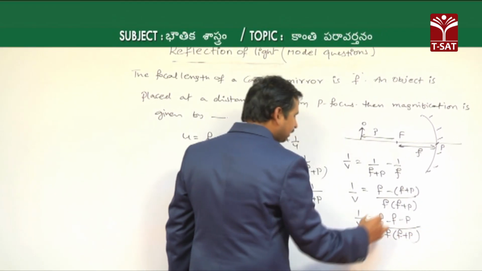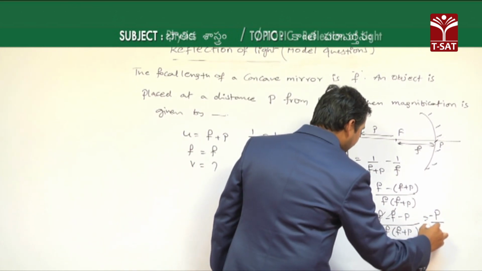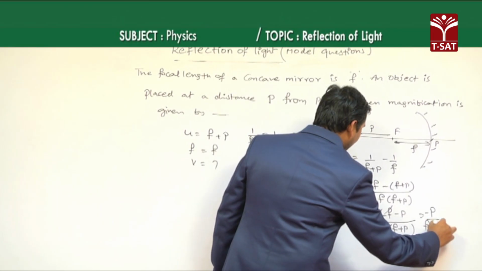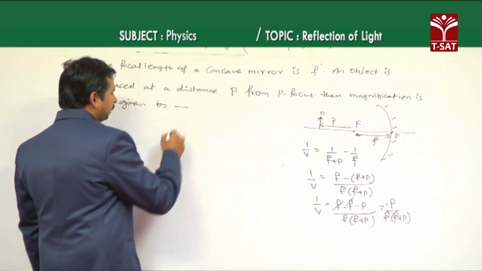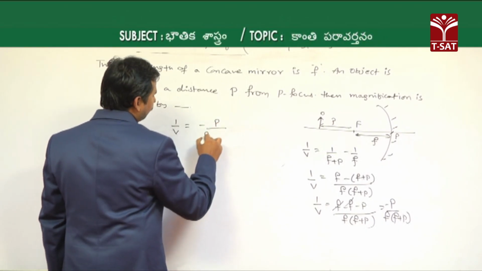Then f gets cancelled, and finally we get 1 by v equal to minus p by f of f plus p.